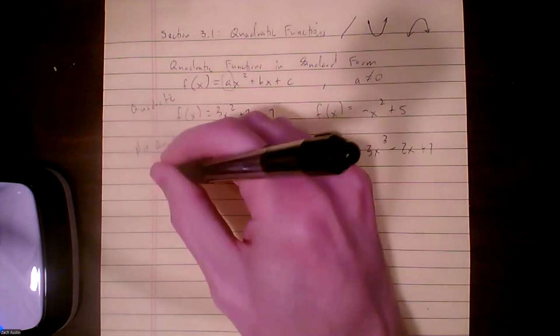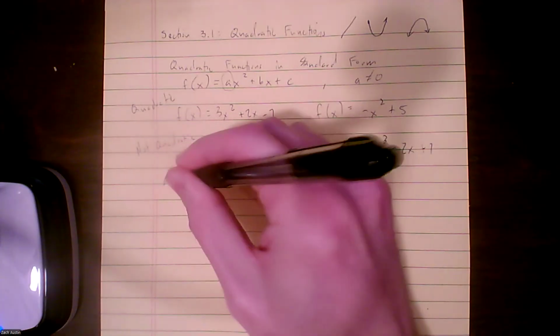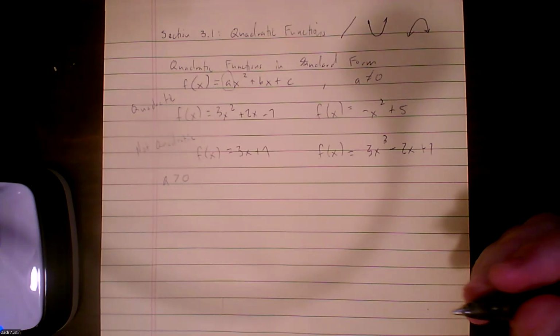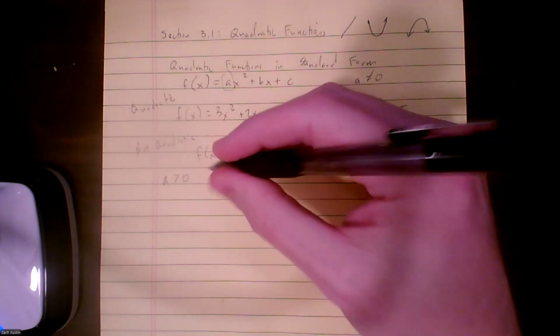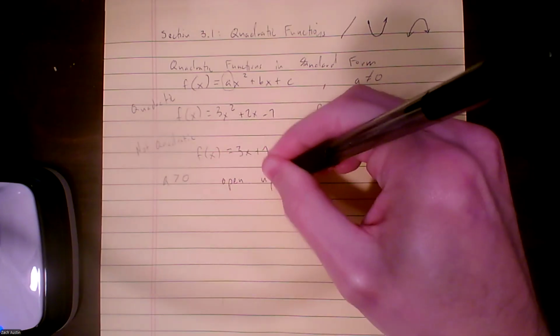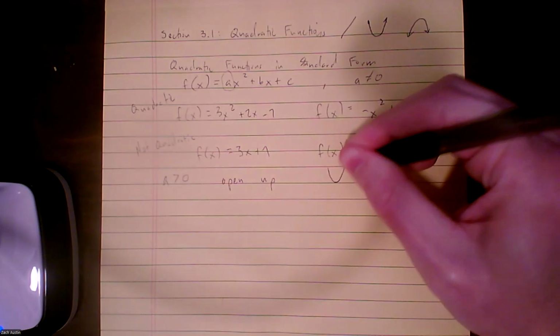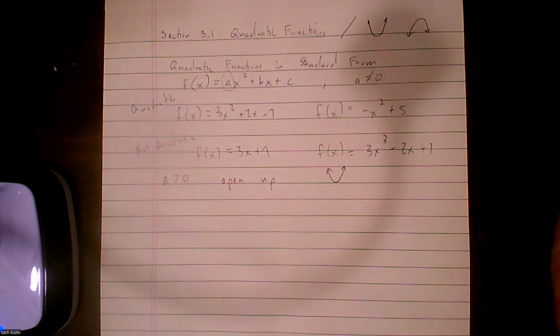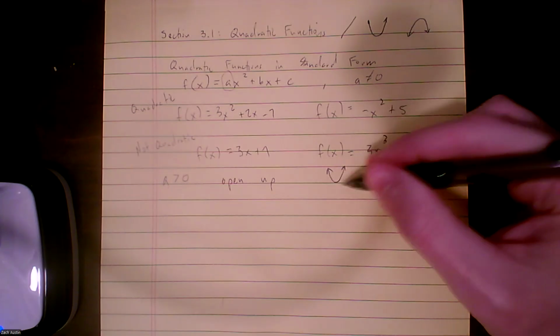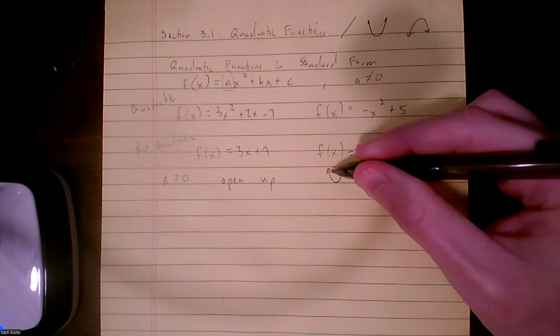So let's discuss that. If our a value is positive, bigger than 0, okay, so 2, 3, 5, 7.5, whatever, any number that's bigger than 0, then our parabola is always going to open up. Okay, so we'll have a graph that looks something like this, a U-shaped graph that opens upward. We talked a little bit about concavity in Module 1.